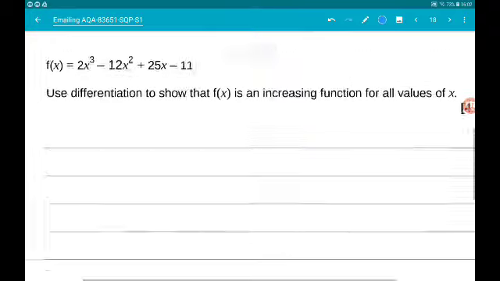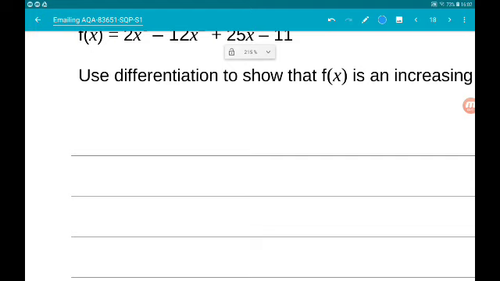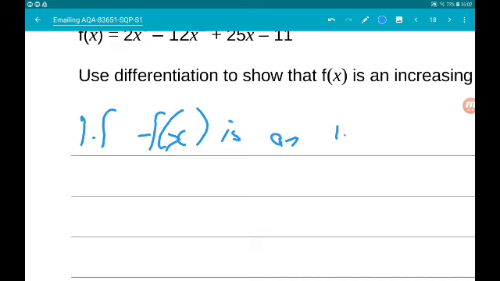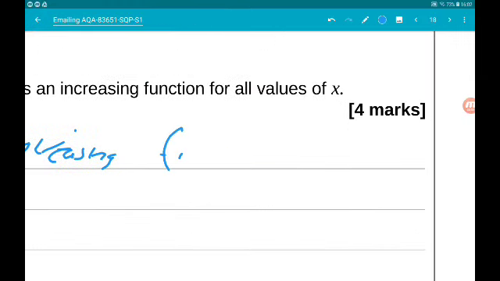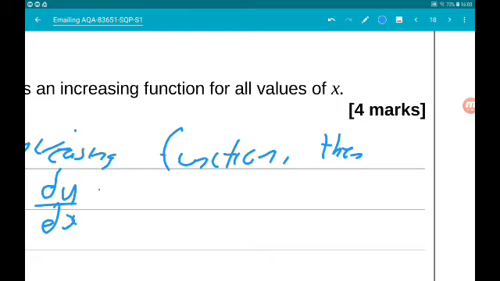So we should probably start by writing that. So if f of x is an increasing function, then dy by dx is greater than 0 for all x.